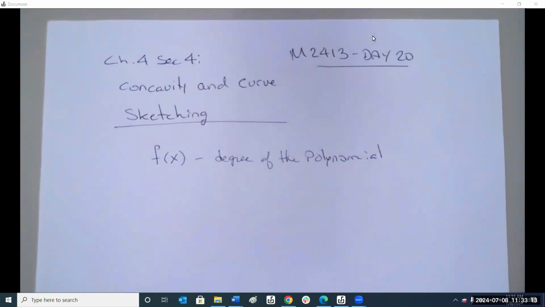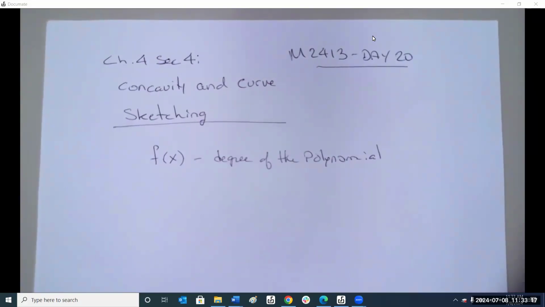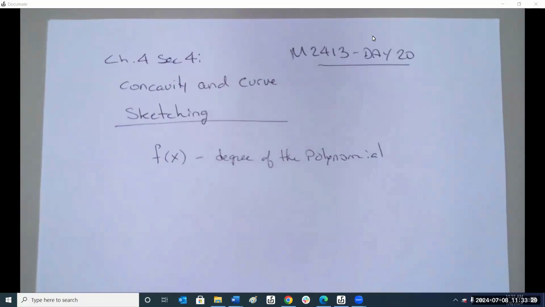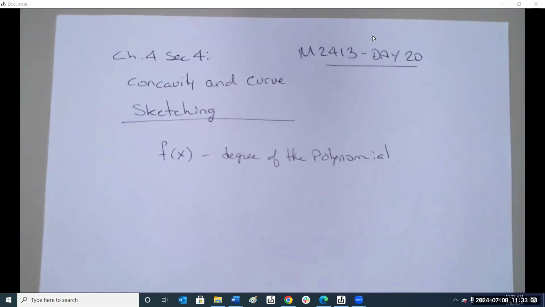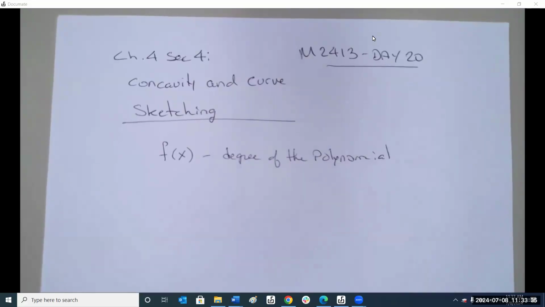The rate of change? Not from the original function. That's the first derivative. But yeah, what you're thinking about is if we put in the slope equation, we can find it. But that's not from this equation. Just from the original equation itself, we can get the degree of the polynomial. What good is that going to tell us?